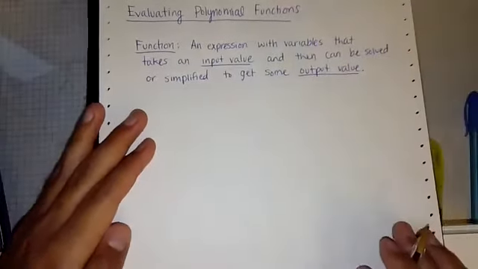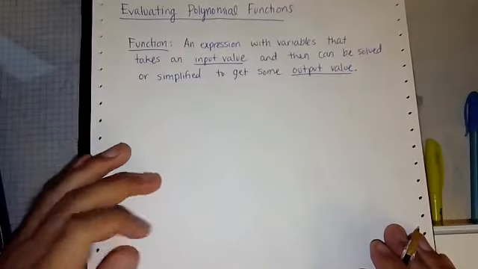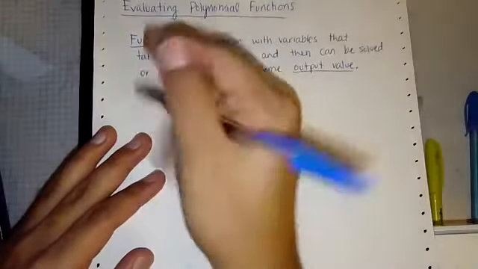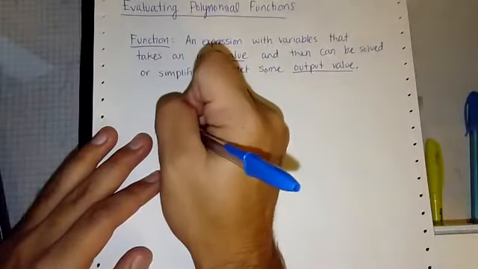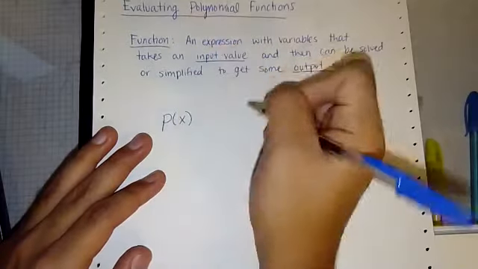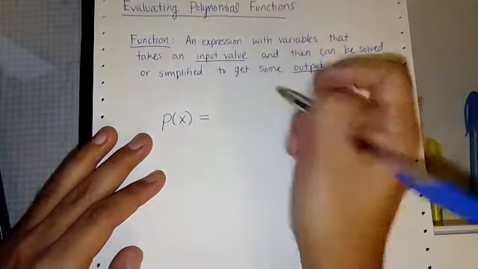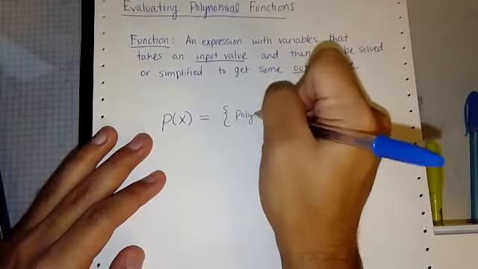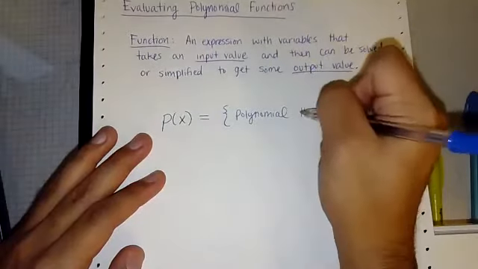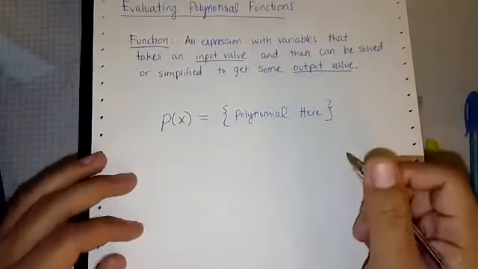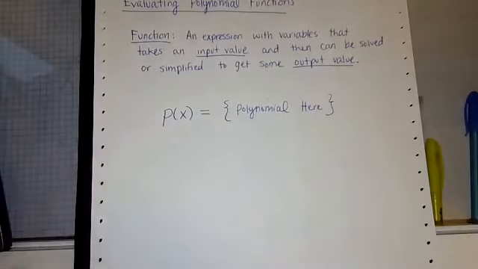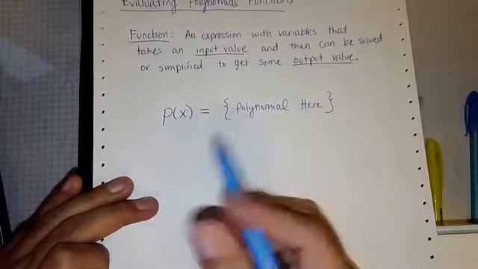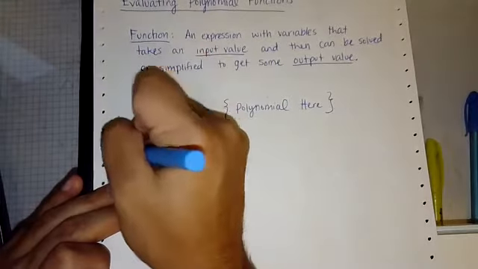Okay. Now I know that sounds like a technical definition, but really we can think of these polynomial functions. They are written typically like this: p of x is equal to, let's say, a polynomial here. So when you see this p of x, a lot of times students will think that you're multiplying p times x, but this is just the function name.